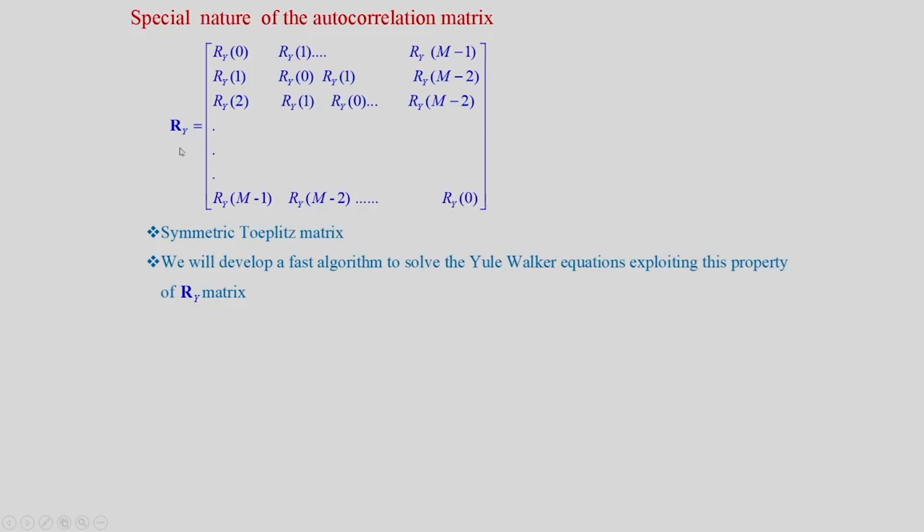We observe that this R_y matrix has a special nature. If we consider the diagonal elements, all these diagonal elements will be r_y(0).